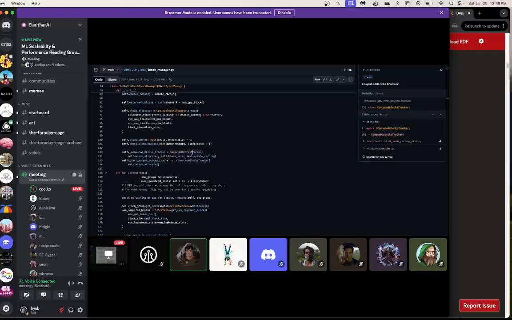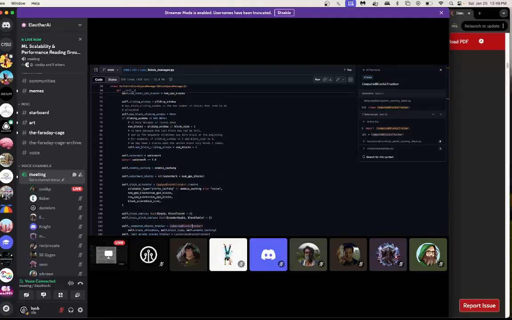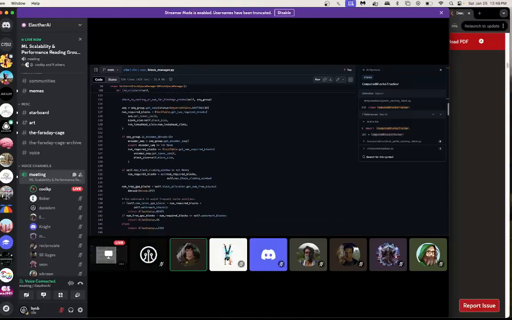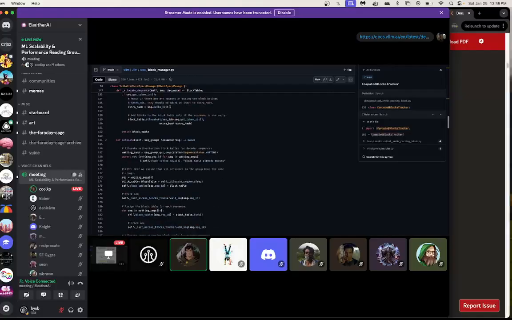But here it keeps track of how many blocks are available, how many blocks are filled, and it creates new blocks when needed. And it allocates blocks to sequences.